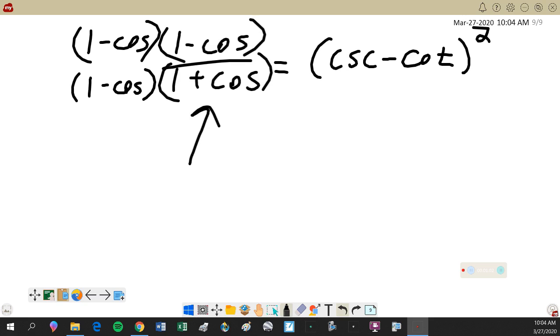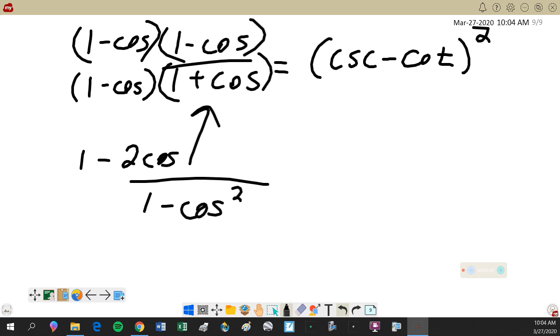And the bottom is going to become 1 minus cosine squared. And the top will be something that is more complicated. It's going to be 1 minus 2 cosine plus cosine squared.